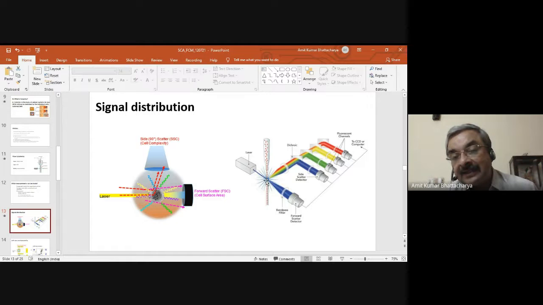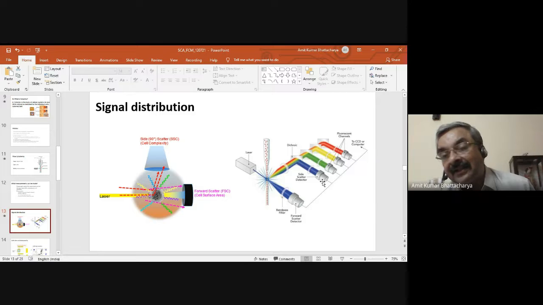When the laser light hits the particle, the light which is scattered directly is called forward scatter, based on the size of the cells. And then the fluorescent light goes in a direction 90 degrees to the laser, so now you see these different colors, which means light of different fluorescent dyes is coming in this path, along with the side scattered light.